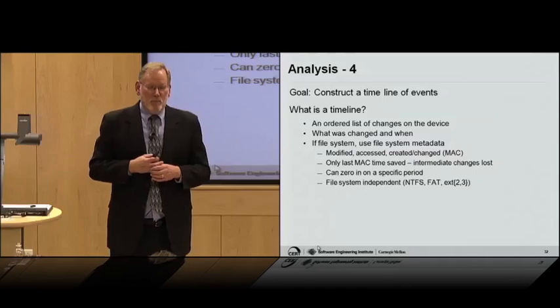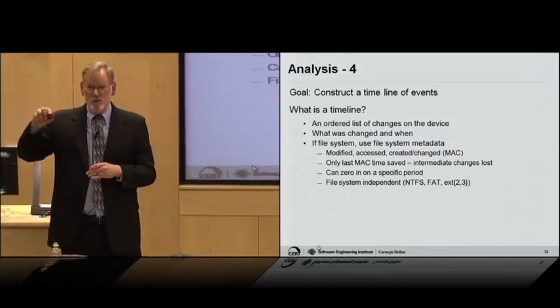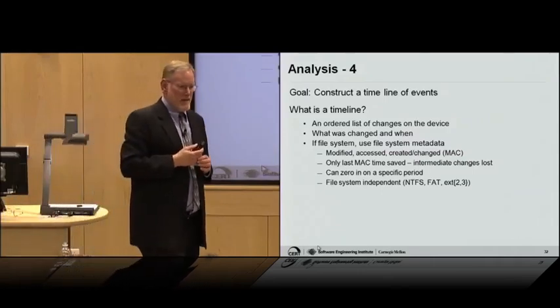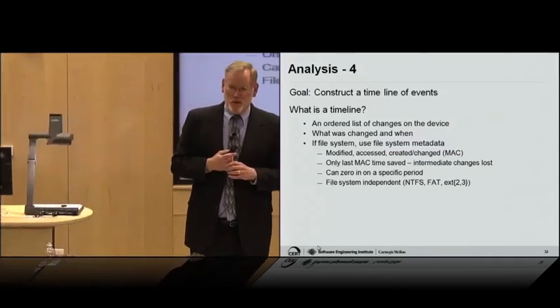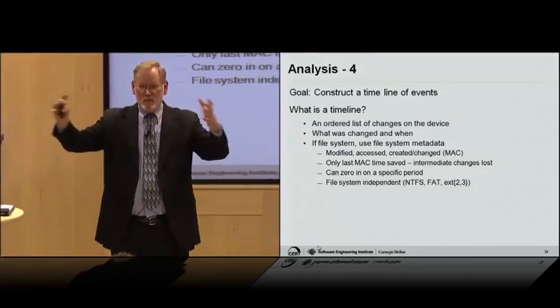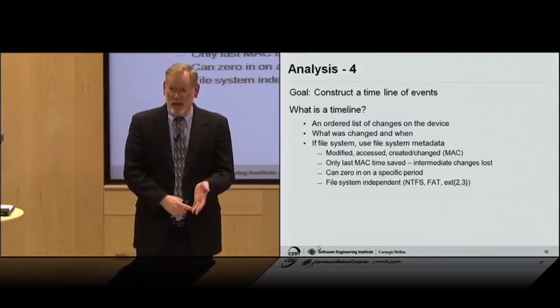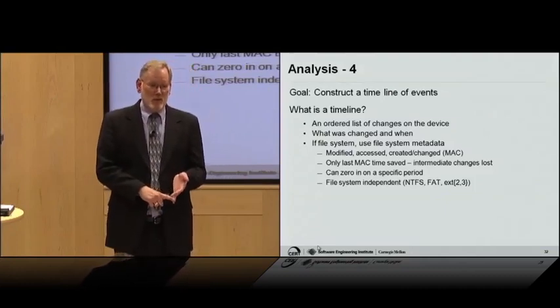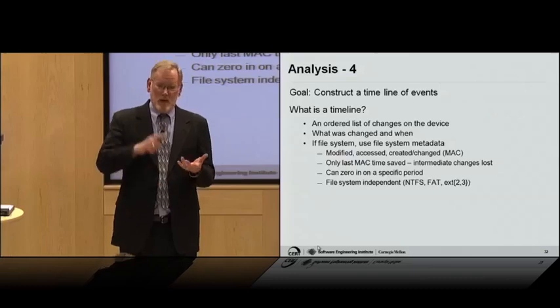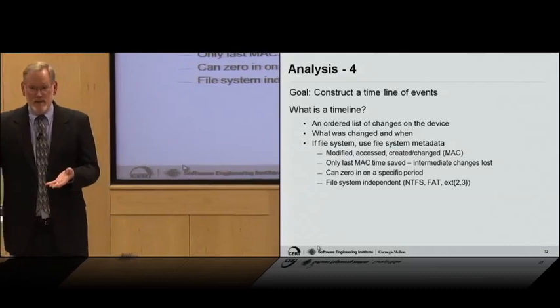On the CERT Forensic Appliance is a tool that's called Log2Timeline. That is a collection of Perl scripts that know the format of the repository of time-specific information on a Windows box. For example, index.dat is the history file associated with Internet Explorer. I went to this website at this time. I went to this website at this time.